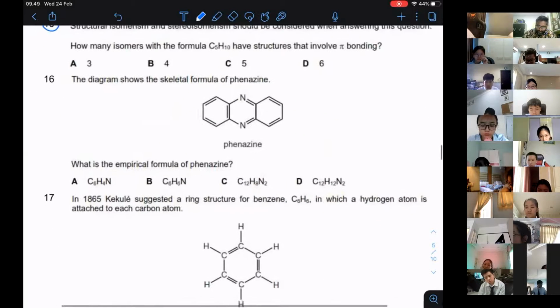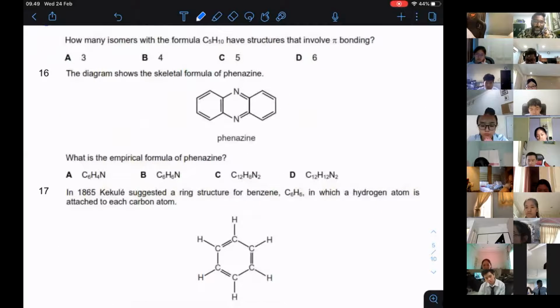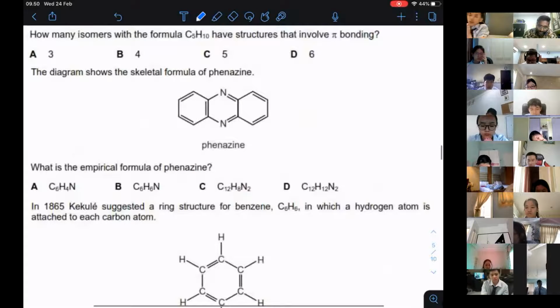Okay, let's try this one. I think we have done this before. The empirical formula of phenazine. Again, there are certain things that are not shown, so you need to know which are not shown: hydrogen and carbon are not shown. So carbon, carbon, carbon, carbon, carbon, carbon.